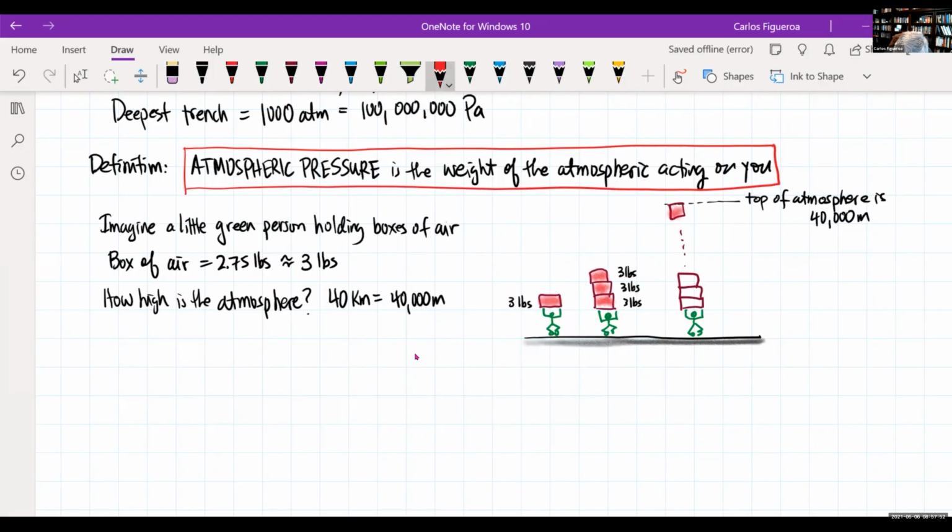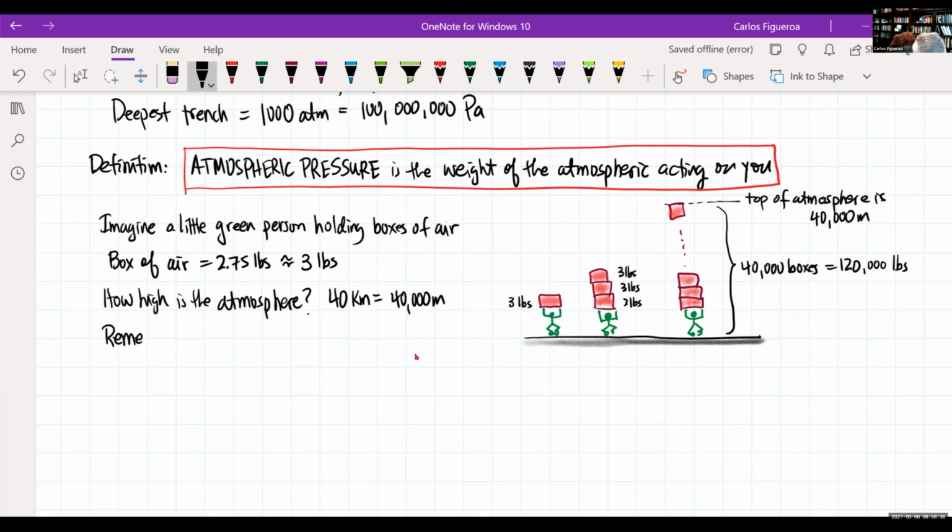And what we see here is that from here to here, there has to be 40,000 boxes, and 40,000 times 3 gives you 120,000 pounds. That is crazy. So let's be careful here now. I said that that's a white lie. That's not true.